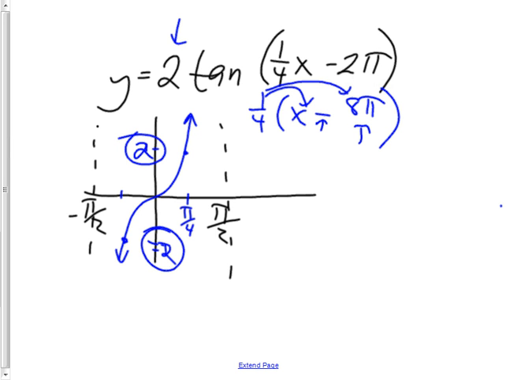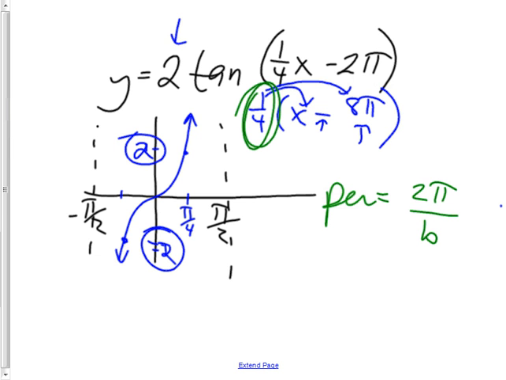Okay, good. Now, why did I do that? Two things. Number one, this makes me do a renumbering. My period used to be what on tangent? Pi. So period equals 2 pi over b is the old formula. Did you use that one?